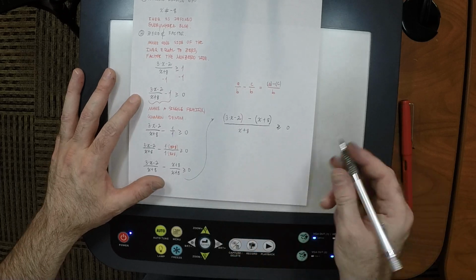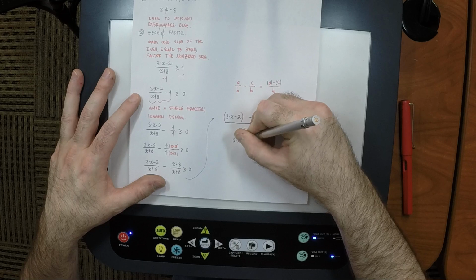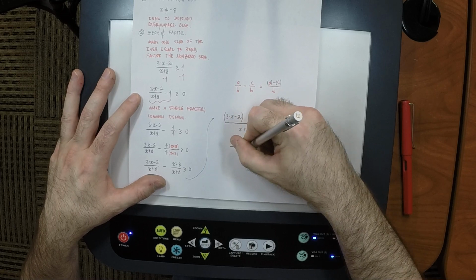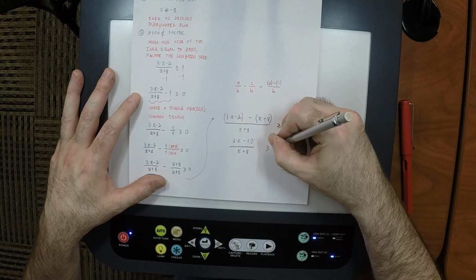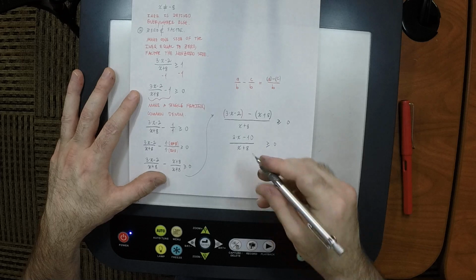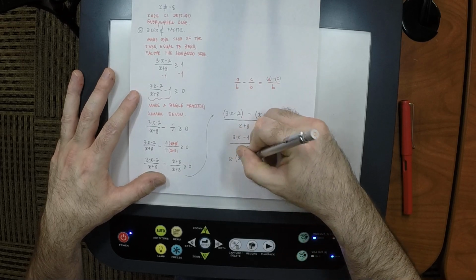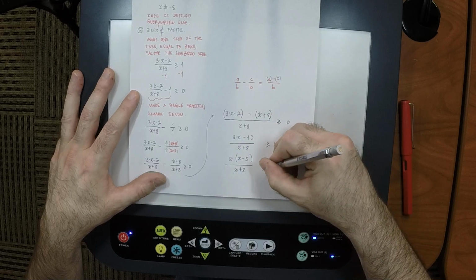Then carrying that out, that would be 2x minus 10 over x plus 8 is greater than or equal to 0. And then I'll factor out the 2 and get 2 multiplied by x minus 5 over x plus 8 greater than or equal to 0.